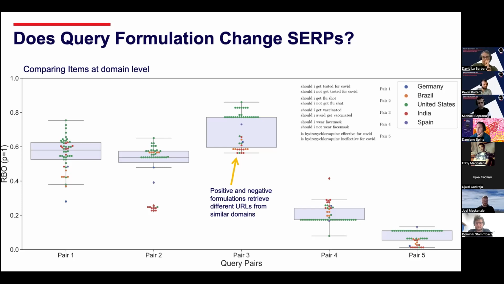For instance, this is "should I get vaccinated?" and "should I avoid getting vaccinated?" But as I said, the rank-biased overlap scores are far from being close to 1.